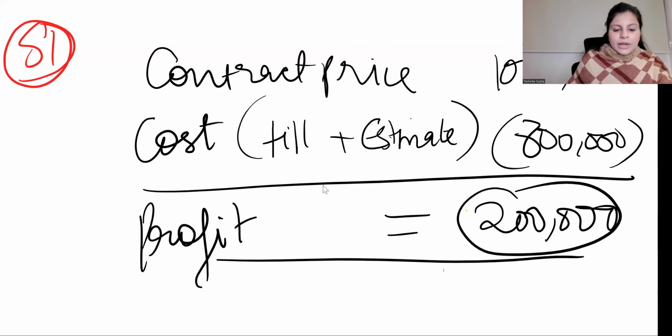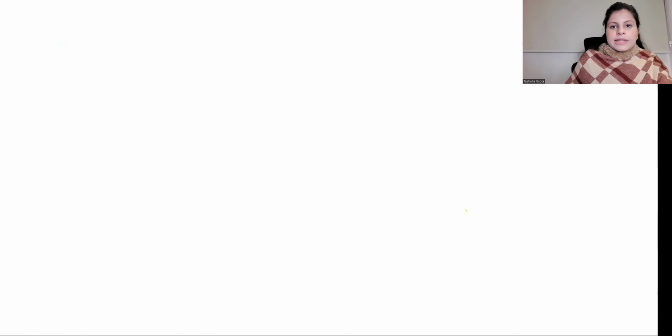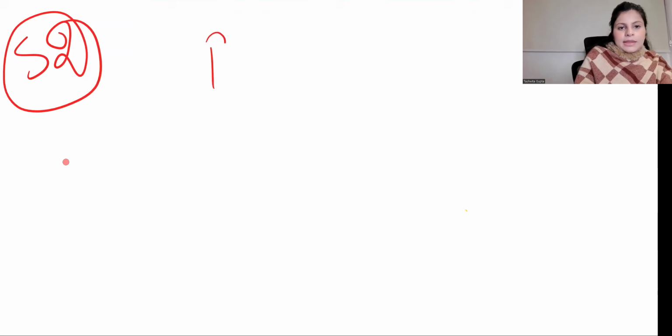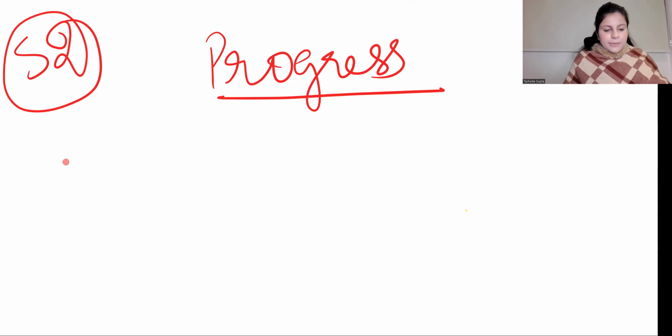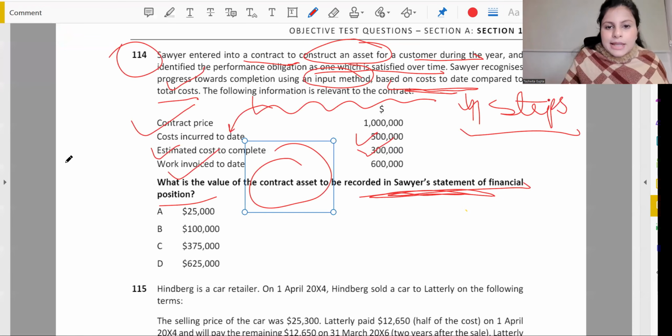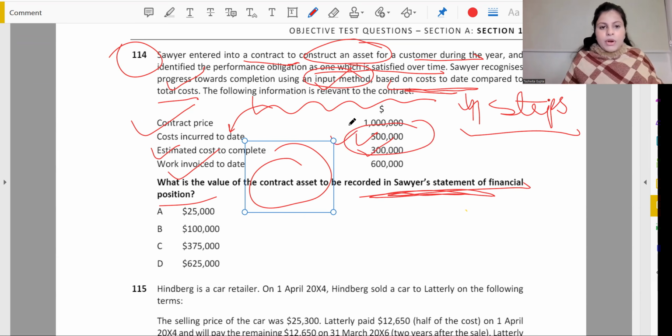So I need to calculate my progress. So what's my step number 2? My step number 2 is to measure the progress. What is my progress? As per the question, the progress is calculated using input method. So out of total estimated cost of 8 lakh, I have incurred 5 lakh of the cost.